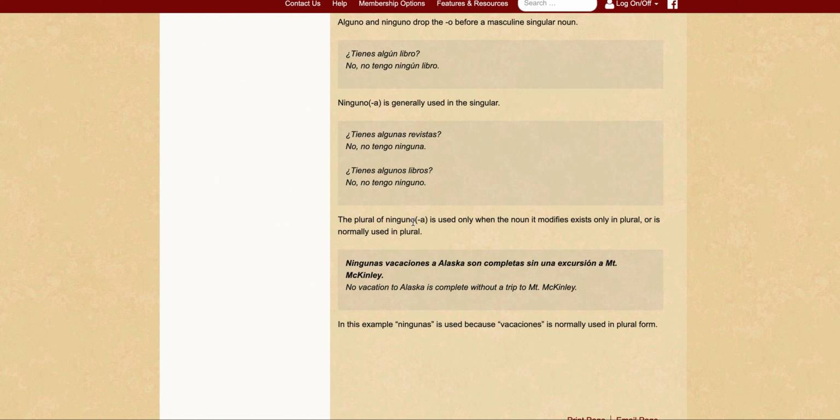So in those cases we need to use the plural form of ninguno. For masculine, ningunos; for feminine, ningunas. Since vacaciones is feminine, we're going to use the feminine form, which is ningunas, right? So, ningunas vacaciones a Alaska son completas sin una excursión a Mount McKinley. In this example, ningunas is used because vacaciones is normally used in the plural form.